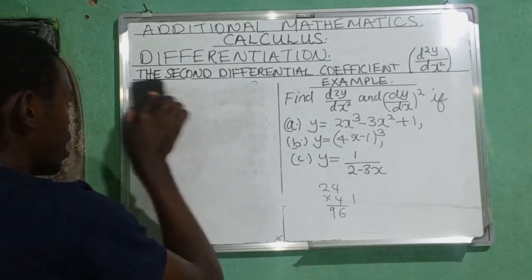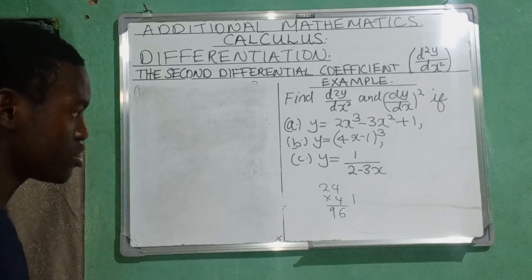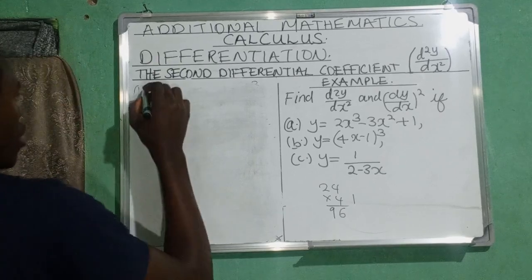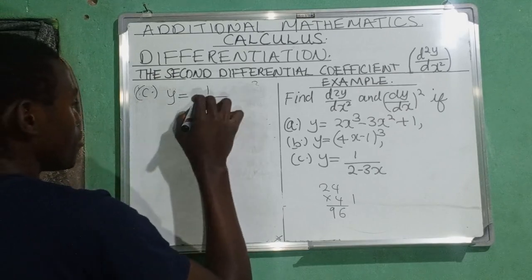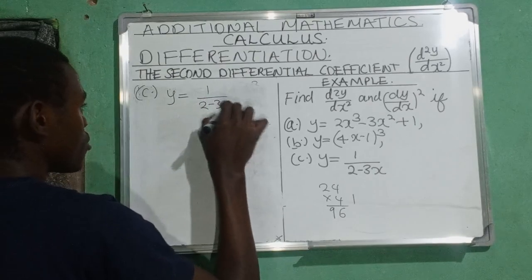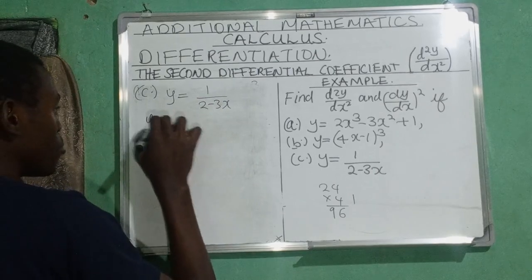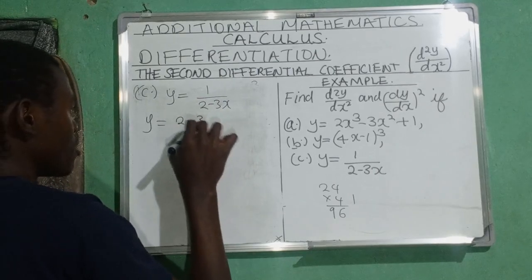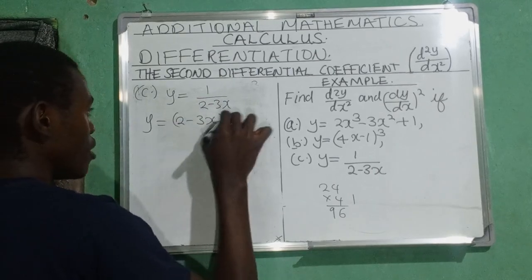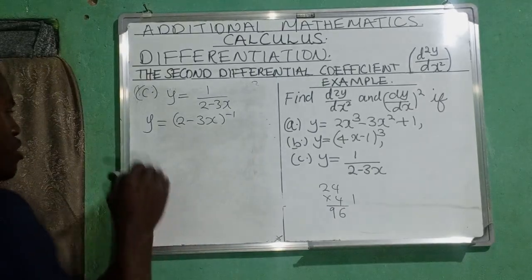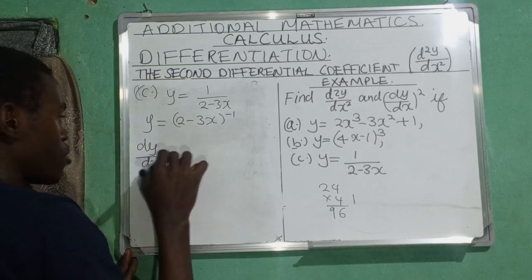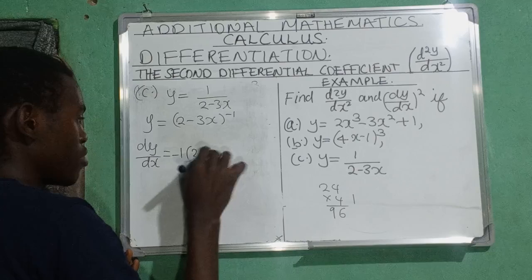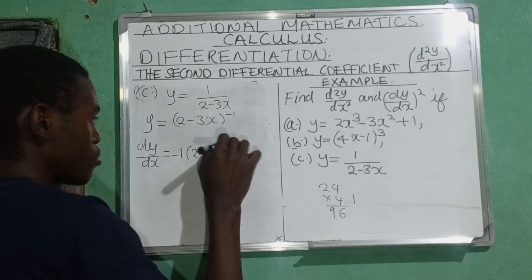Now we're going to the next question, which is C, and our C is y is equal to 1 divided by 2 minus 3x. You write this in a different form: y is equal to (2 minus 3x) raised to the power negative 1. To differentiate this, dy/dx is equal to negative 1 multiplied by (2 minus 3x), then the negative 1 will lose 1.